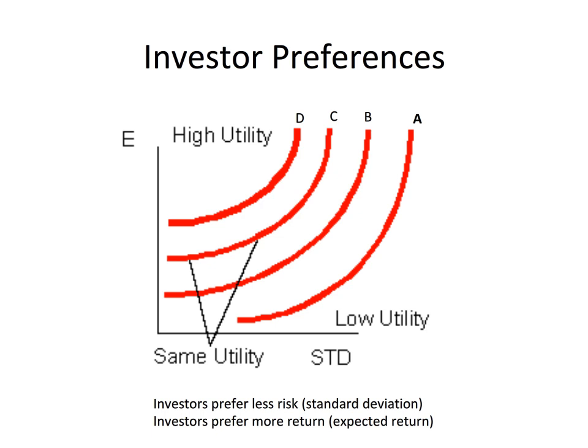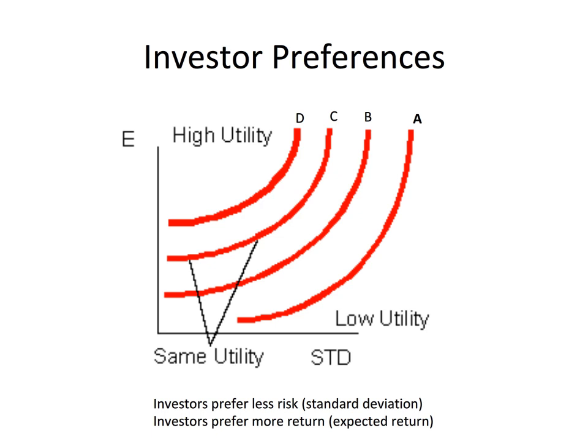This graph that you see here has two axes on it. The horizontal axis is given by standard deviation. So here's where we're going to put the standard deviation of the returns of those assets, and the vertical axis is expected return.